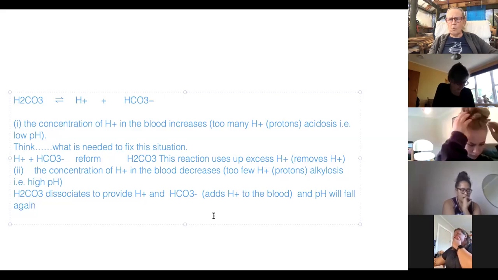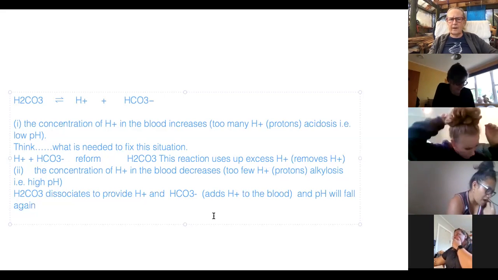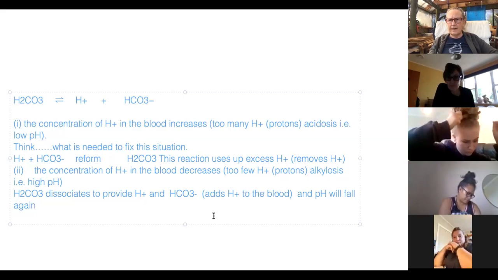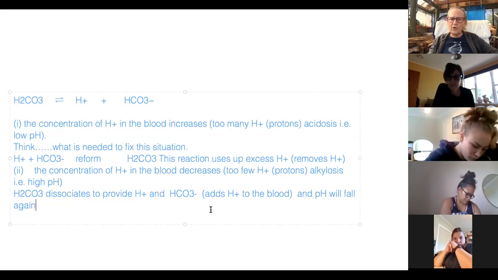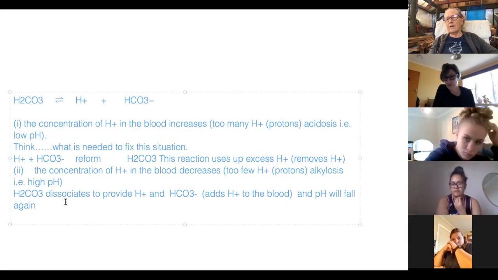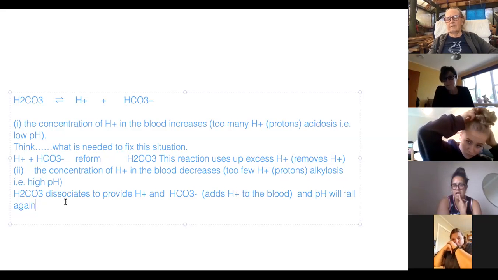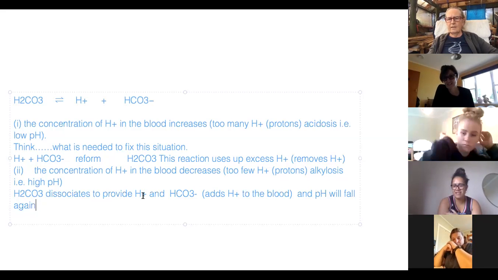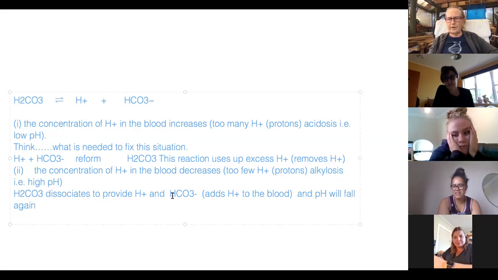And so that's why they're looking for the bicarbonate, because they're adding the bicarbonate to the blood so that it will mop up all of the extra H+, reforming carbonic acid. Oh, and the body can't make that naturally? Your body does make it naturally, and that's what's buffering.